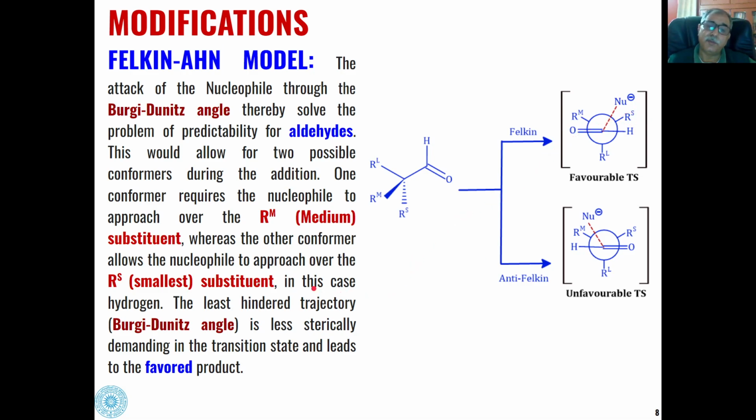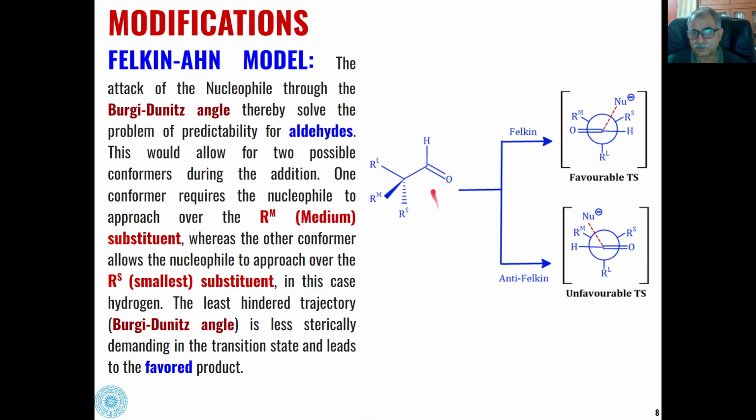So based on this you will get a favorable or unfavorable transition state. The favorable transition state will always be when the attack of the nucleophile takes place from the side of the smaller group, that is the smallest substituent RS in this case.